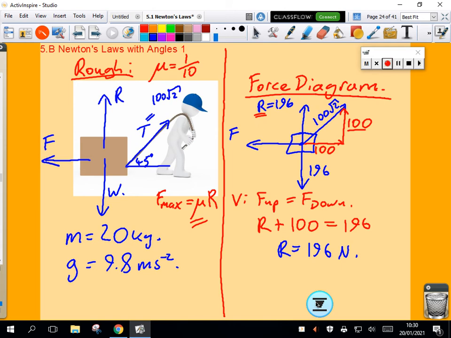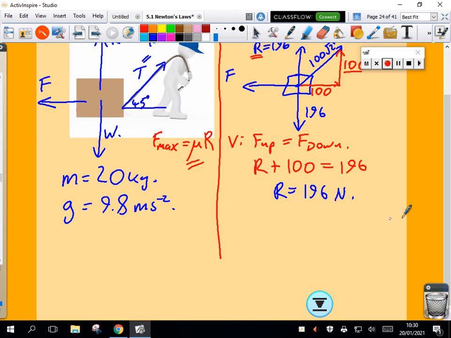The next thing I want to think about is the maximum friction that can be called upon. Friction will grow as the tension in the rope increases, and the maximum value it can attain will be equal to mu times R. I think we said mu was equal to 1/10. The normal reaction we just worked out is 196.